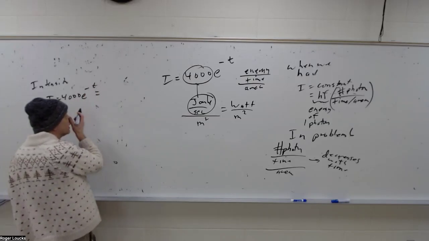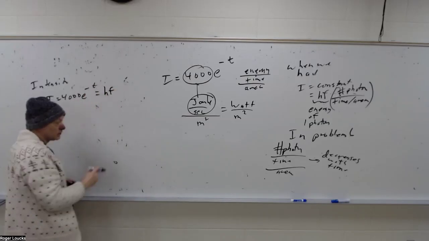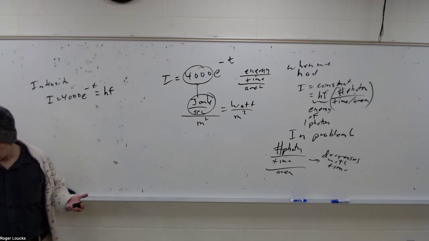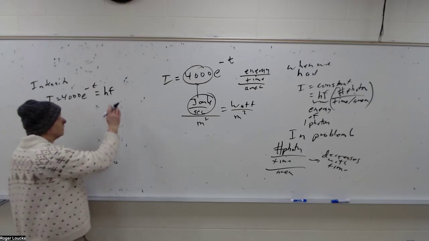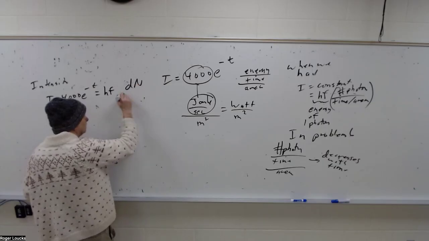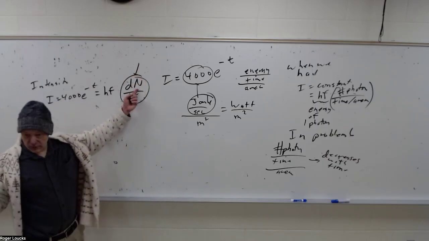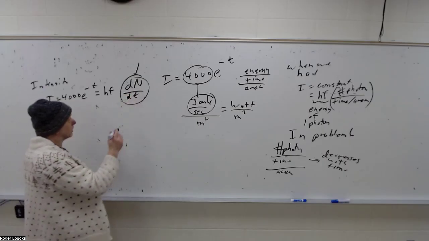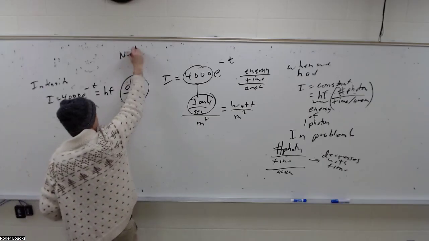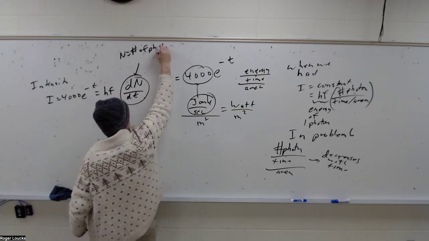It's going to be the energy of one photon, still my hf, because that doesn't change with time. Now I'm going to write dN/dt. This N is different from the other n I have. This N is the number of photons.